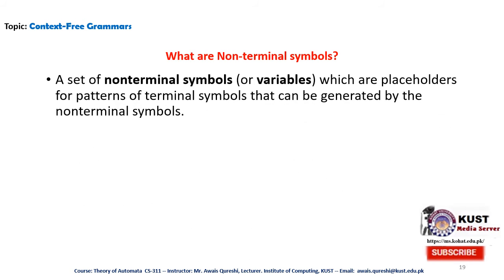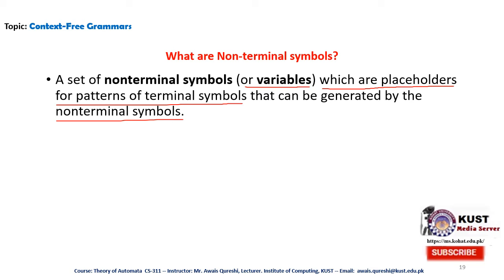And what are the non-terminals? A set of non-terminals, or we call them variables, which are placeholders, which means that they can be replaced later on by substrings or patterns of terminal symbols that can be generated by the non-terminal symbols.